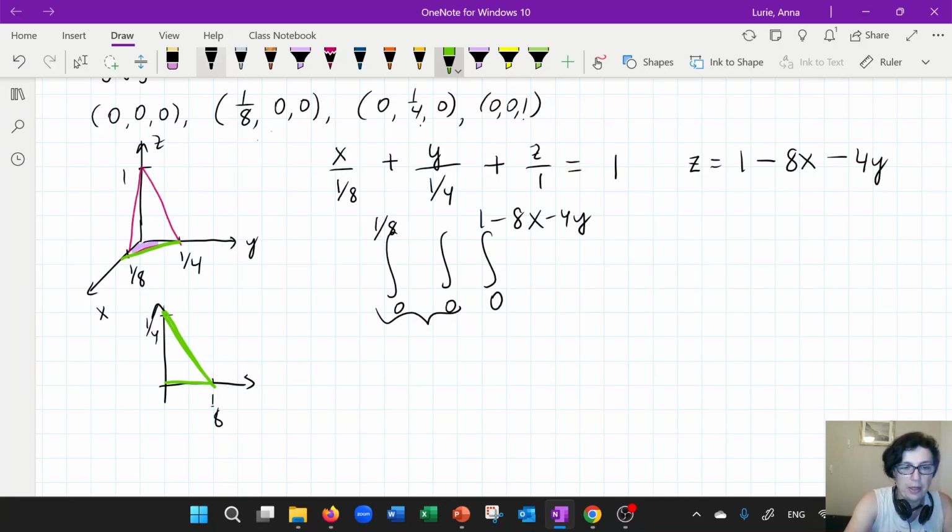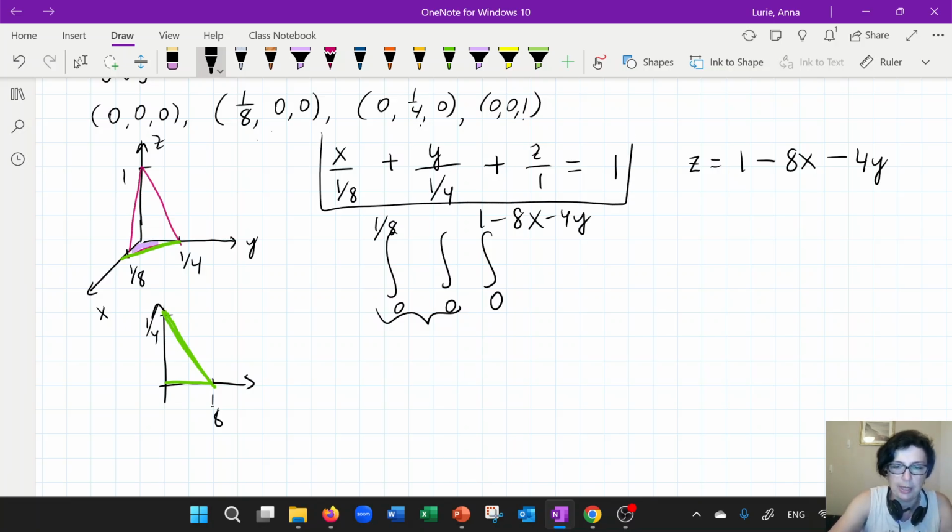Now, to find its equation, it's very easy. From the equation of the plane, notice that the green line is actually part of this plane, the slanted triangle, when z equals 0. So if you were to set z equals 0, you will get 8x plus 4y equals 1.